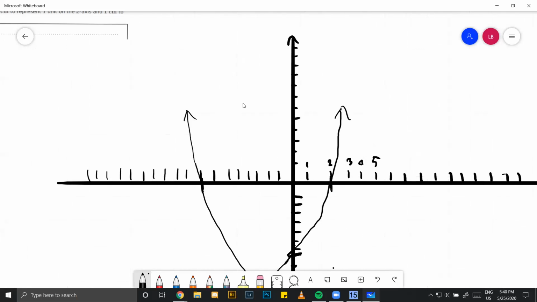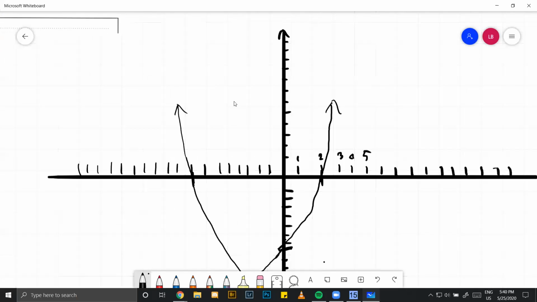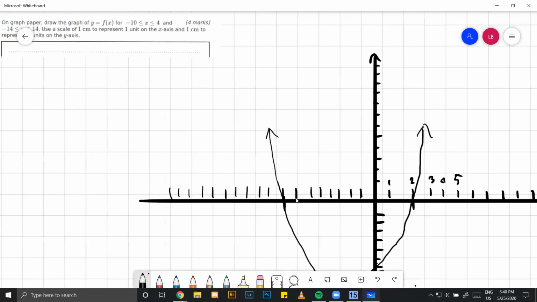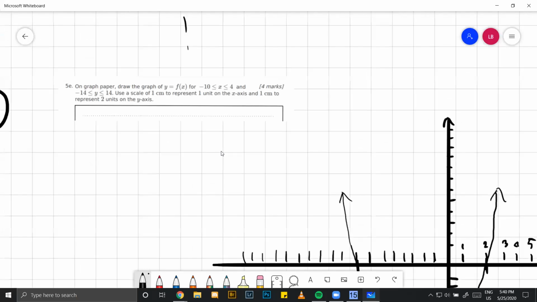On graph paper, each box would be 1 unit on the x-axis, but on the y-axis each box would represent 2 units: 0, 2, 4, 6, 8, and so on. I didn't do that here because I couldn't do measurements, but that's something you need to pay attention to.